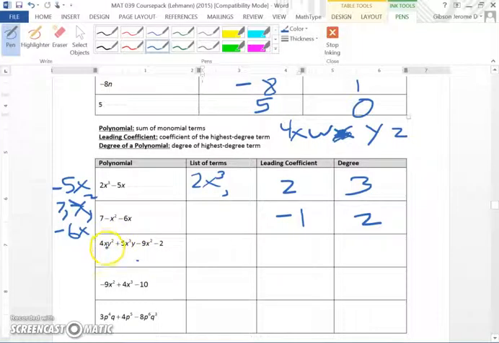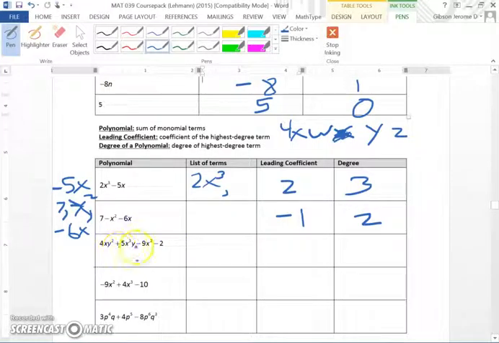This first term, the exponent of the x is 1, and 1 plus 2 is 3. So we know the degree of the first term is 3. The degree of the second term here is 4, because it's assumed to be a 1 for the exponent of x. This third one is 2, and the last one is 0.